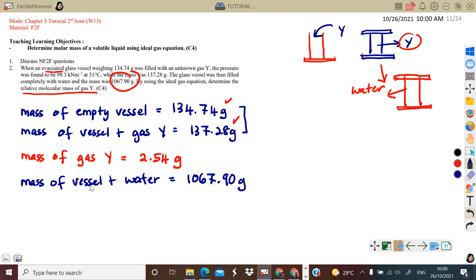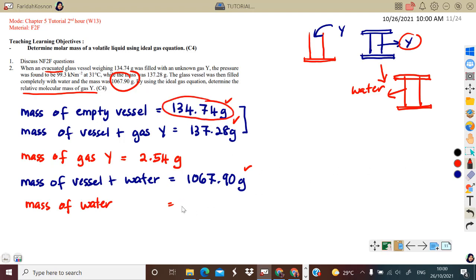Maksudnya kat sini gas Y dah tak ada lah. Jadi berapakah berat water? So kita boleh cari mass of water. Mass of water nak gunakan data apa? Of course kita akan gunakan 1067.90, mass of vessel bercampur air tadi, tolakkan dengan empty vessel.